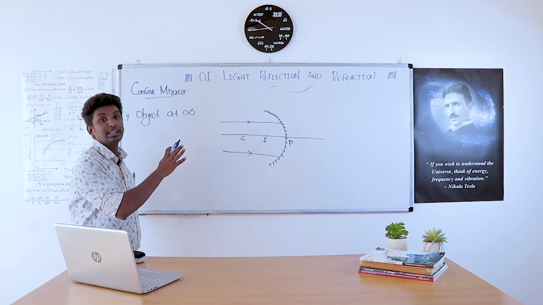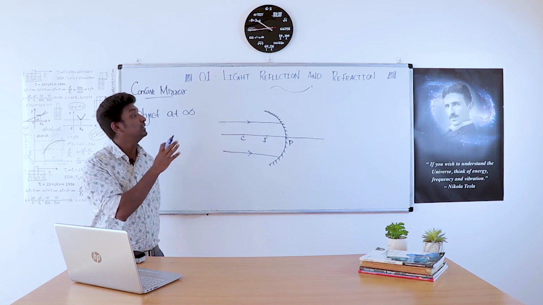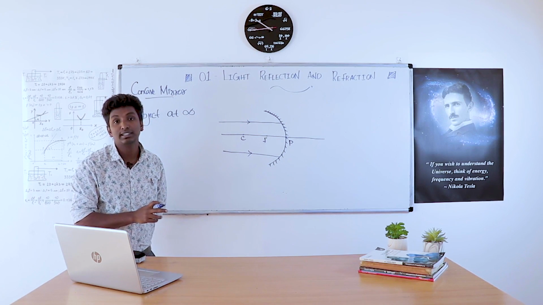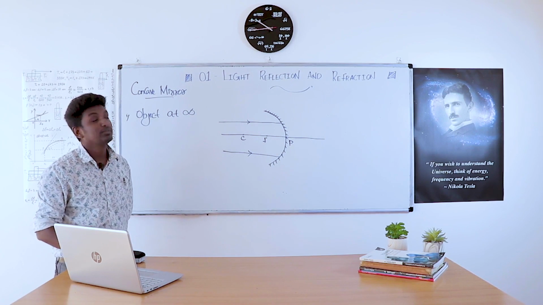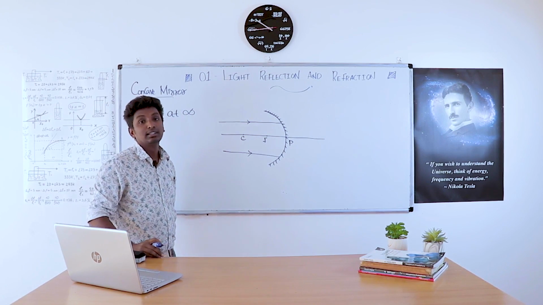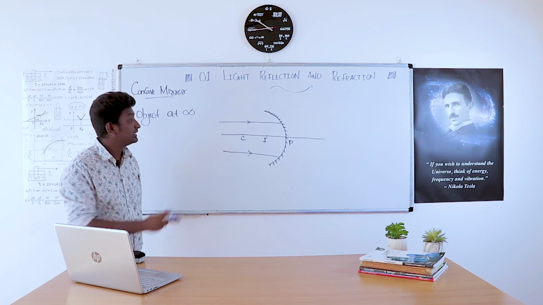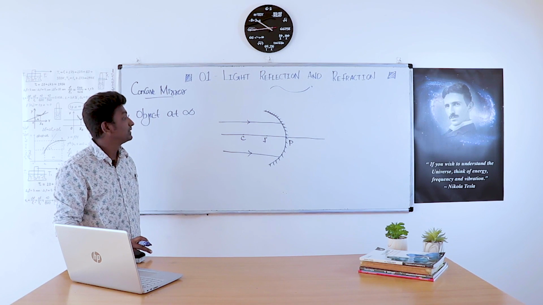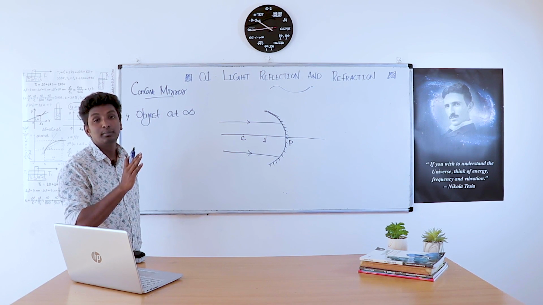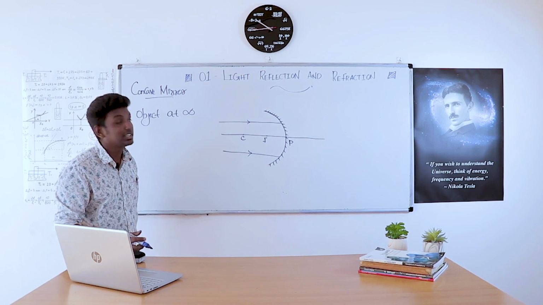Now recollect what we studied in the law for image formation. In the first law, it says that when a ray of light coming parallel to the principal axis passes through the focus after reflection.